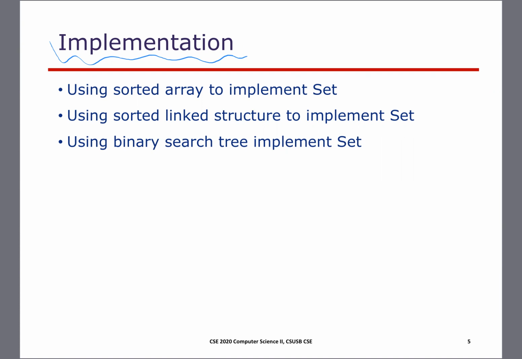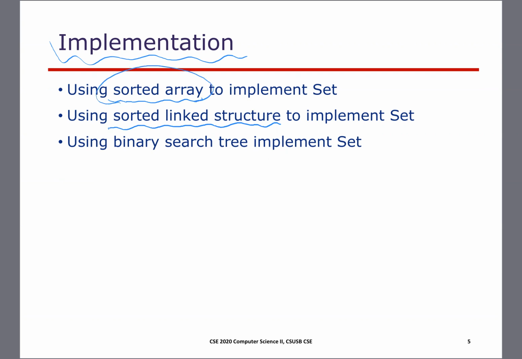Here we can use an array or linked structure to store this collection of elements. And set also requires sorted elements. The elements are sorted in the set, so we use a sorted array to implement set, and we also can use a sorted linked structure to implement set.